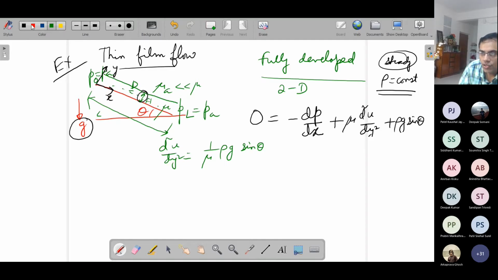Now you integrate it twice, just like the previous example. So boundary condition number 1: at y equal to 0, u equal to 0.